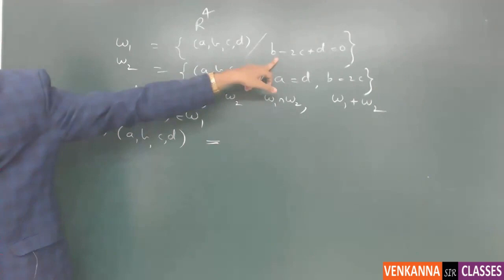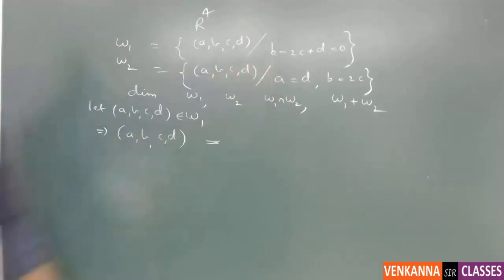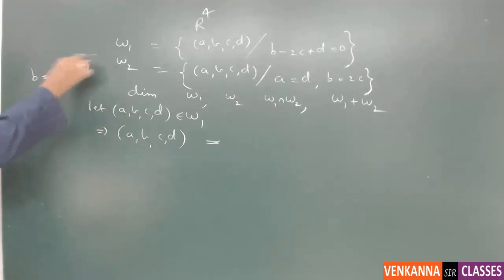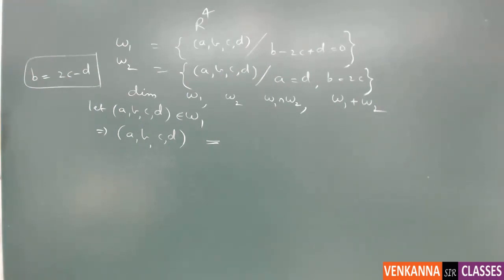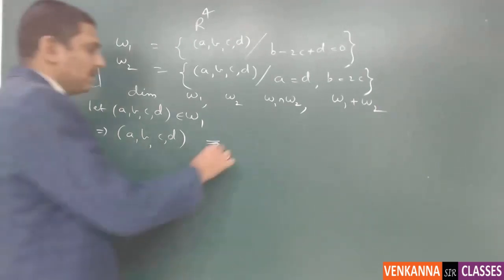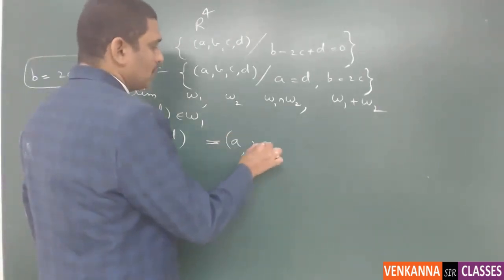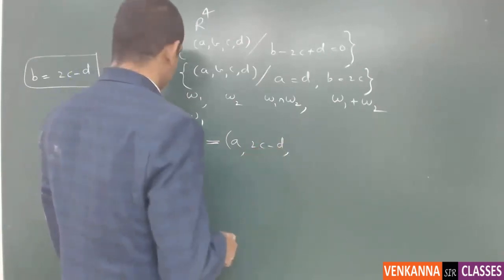B minus 2C plus D equal to 0. It is nothing but the value of B is equal to 2C minus D. Accepted? Yes or no? Now I will substitute the respective value there. So it is A, 2C minus D.